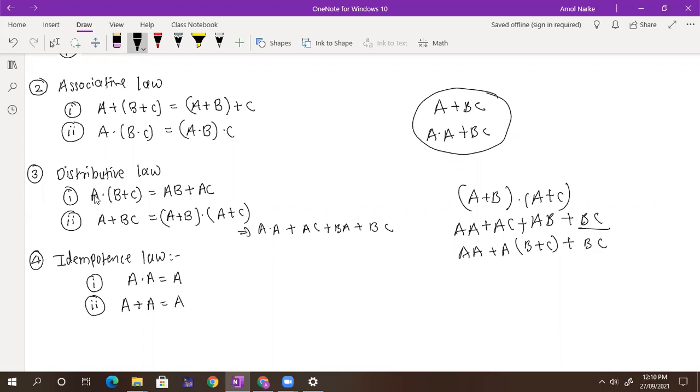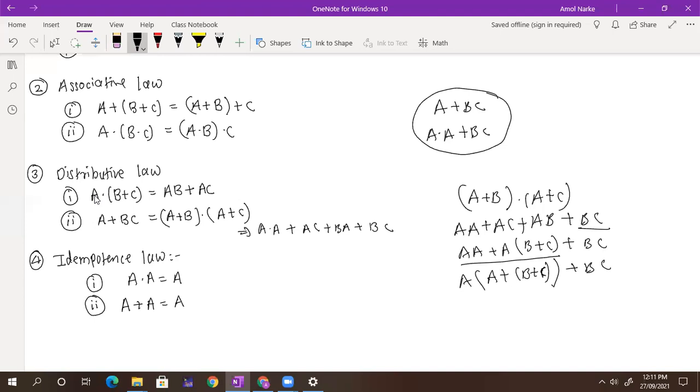Take A common from AA plus A(B plus C): A plus (B plus C), plus BC. Am I correct? If I take A common, what remains is A plus B plus C as it is, and plus BC.